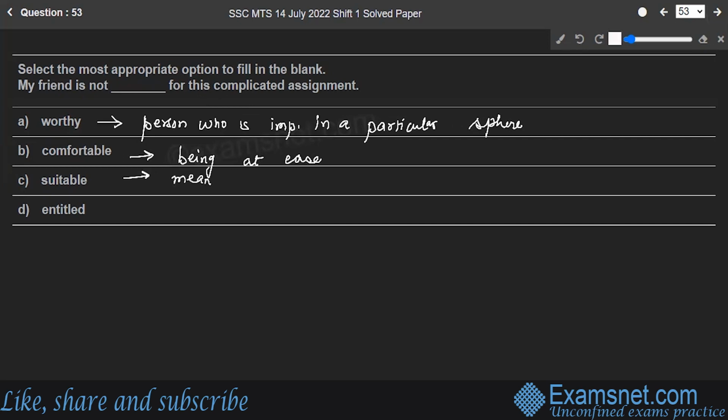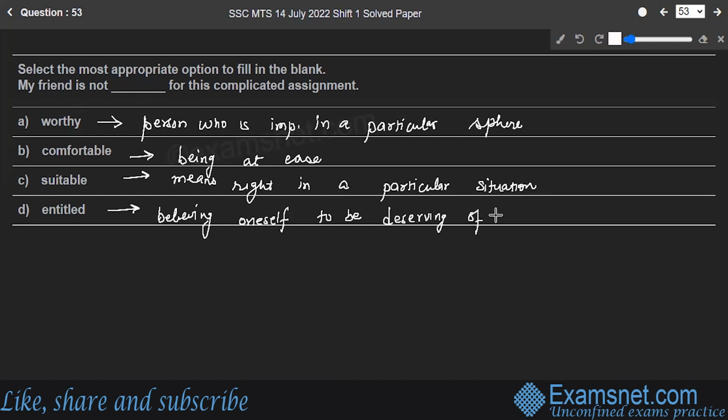Suitable means right in a particular situation. There is a word entitled. It means believing oneself to be deserving of special treatment or privileges.